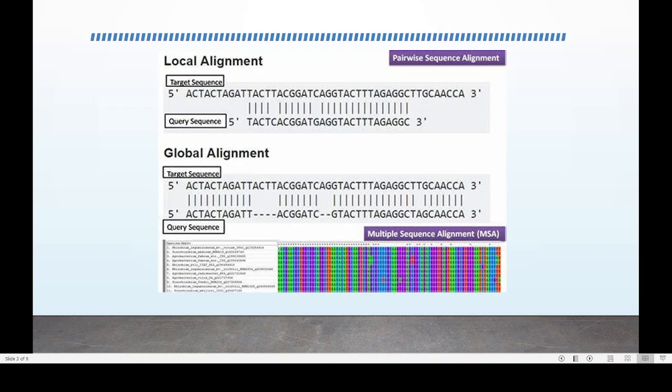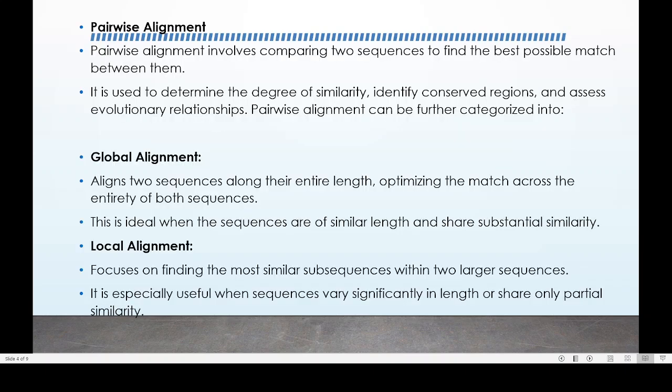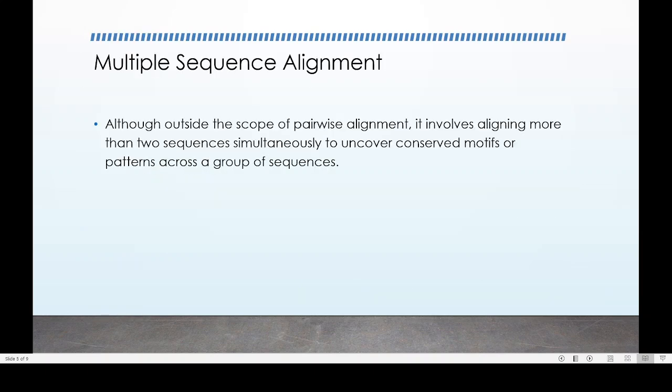One is the first target sequence, another is the query sequence. By doing this, we will be able to identify the best possible matches between them. It is mainly used to determine the degree of similarity, how similar these two sequences are, and also to find conserved regions. Conserved regions means those regions of DNA where there is little change during evolution.